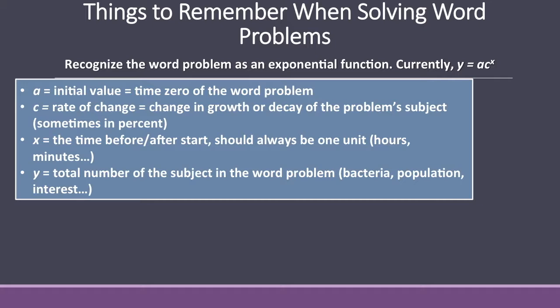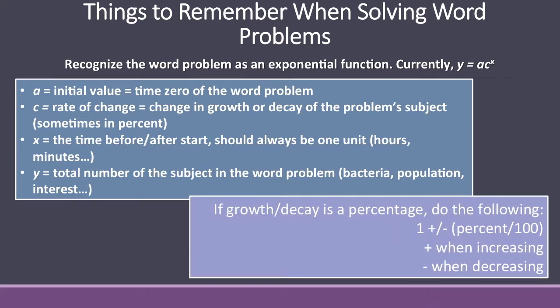And y is always the total number of the subject in the word problem. Our subject was bacteria. Sometimes we'll get population and sometimes we'll get interest. Please remember that if your growth or decay is a percentage, you must do the following. You must convert it by doing 1 plus or minus that percent divided by 100. And you need to recognize when it's increasing, so you have to do plus, and when it's decreasing, so you have to subtract.